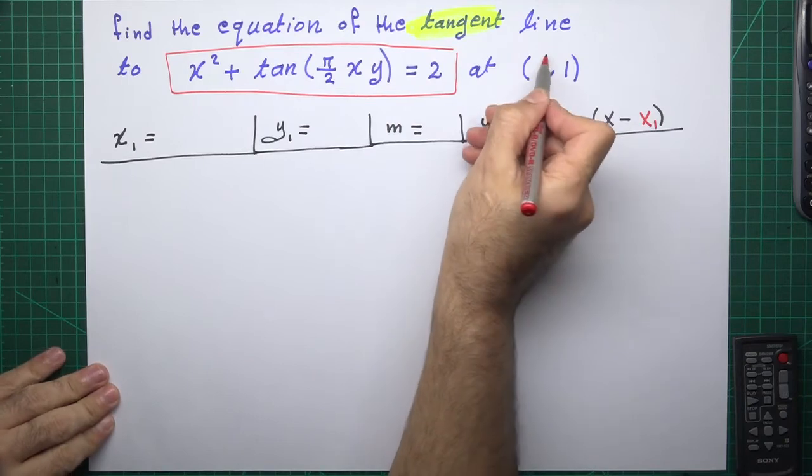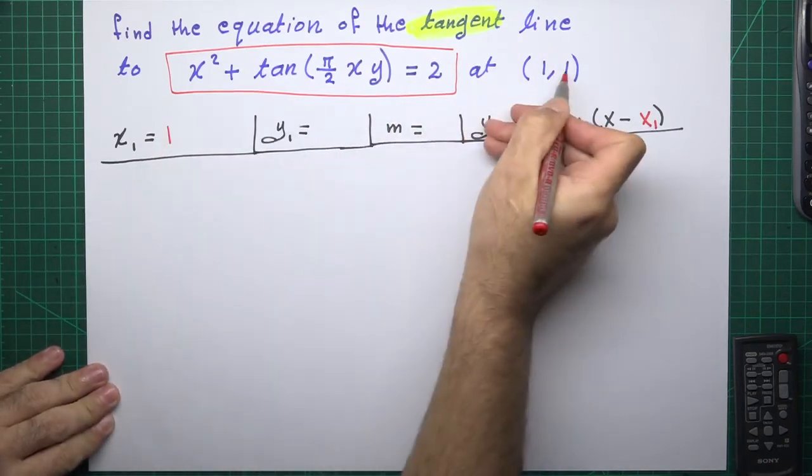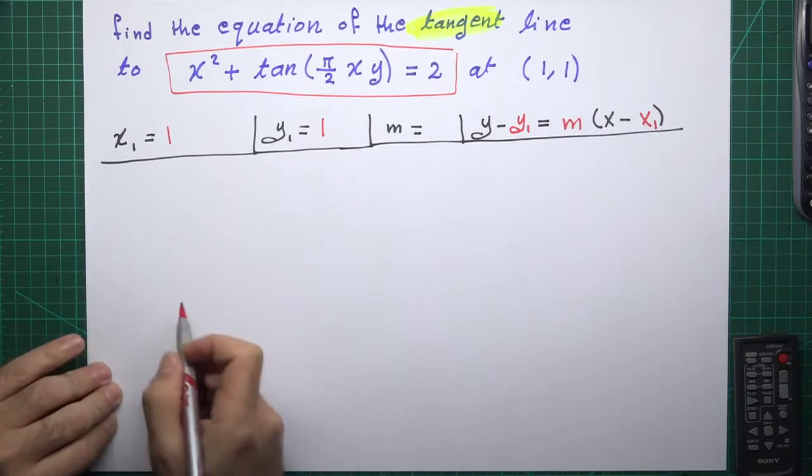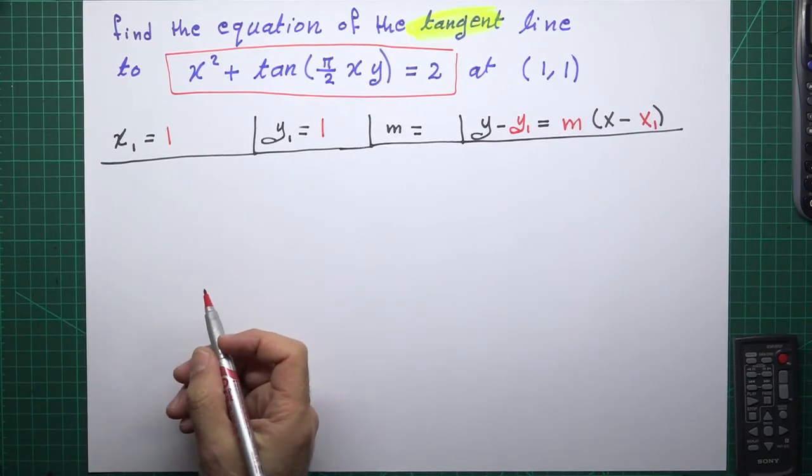أما x1 يا أحبة فهي given، هي 1، y1 given 1. إذا نحن بنعرف y1 بنعرف x1.